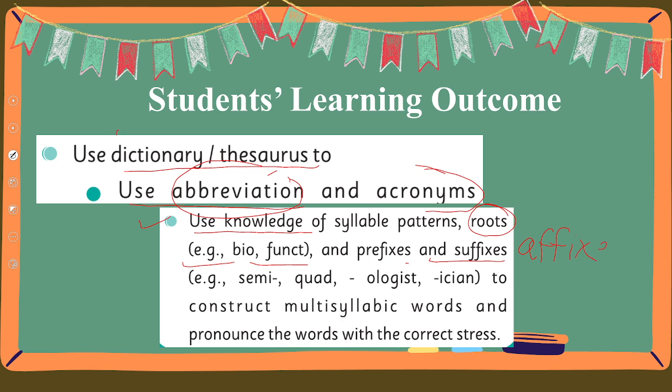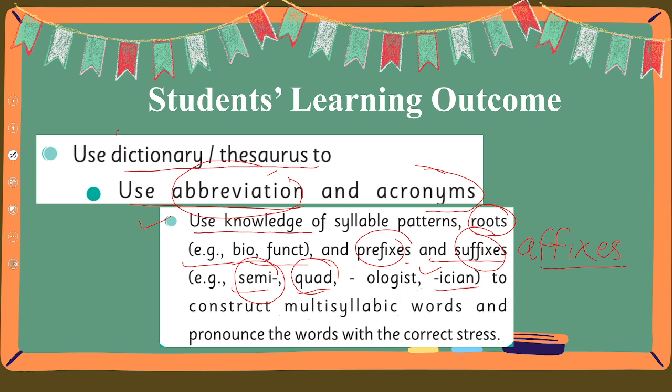Affixes include both prefix and suffix. For example, semi, quad, ologist, Asian. Semi and quad are prefixes, and ologist and Asian are suffixes. And we will use them to construct long words, words that have multiple syllables.